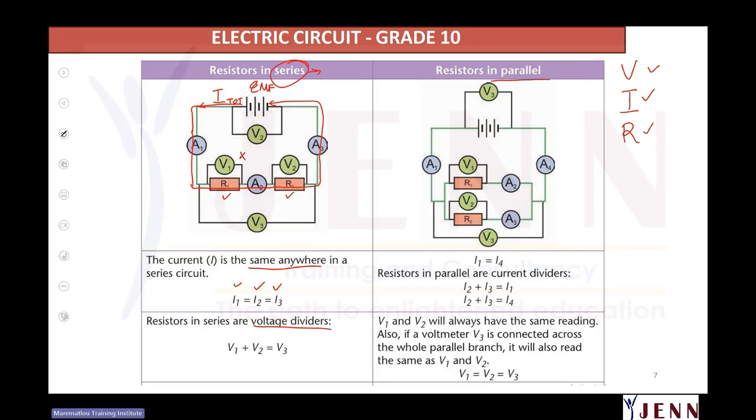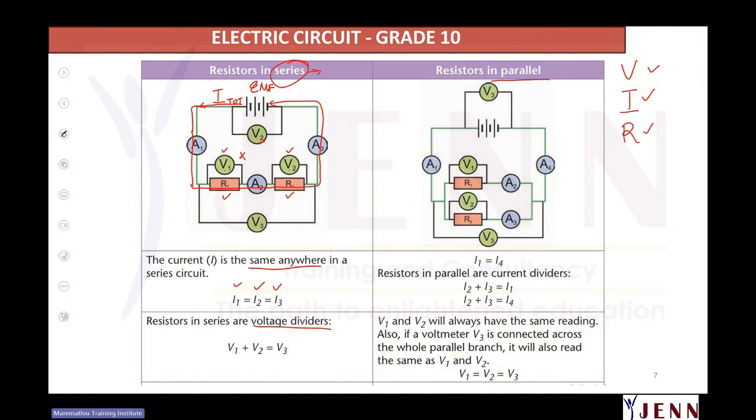So the potential difference in V1 depends on the type of resistors that we have connected there. The potential difference in V1 might not necessarily be the same as the potential difference in V2. However, the sum of the potential difference in voltmeter 1 and voltmeter 2 will equal the potential difference in V3.